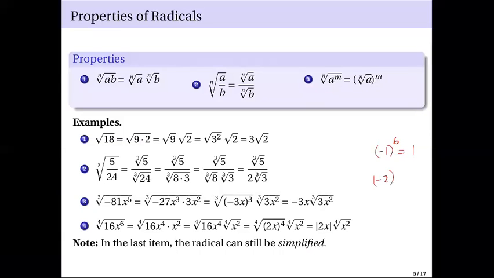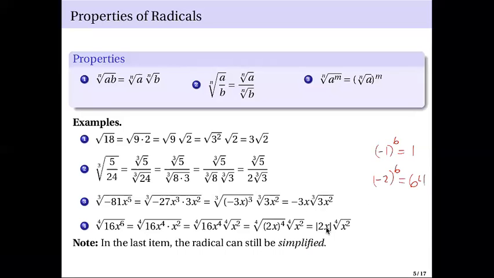Negative 2 to the 6, what is this? 32? 64? Negative 2 times negative 2 is 4. 4 times 4 is 16, times 4 is 64. It's a positive number, correct?